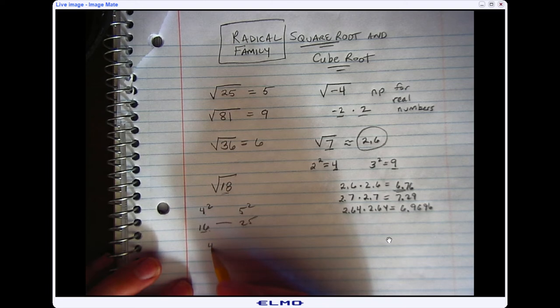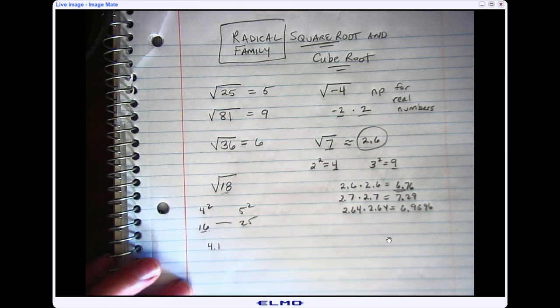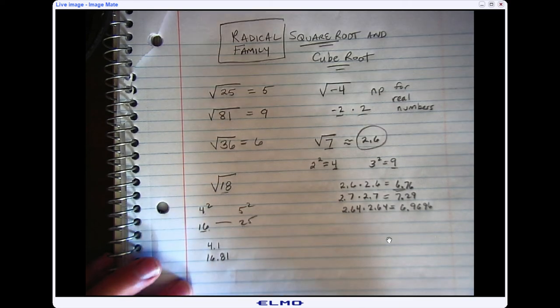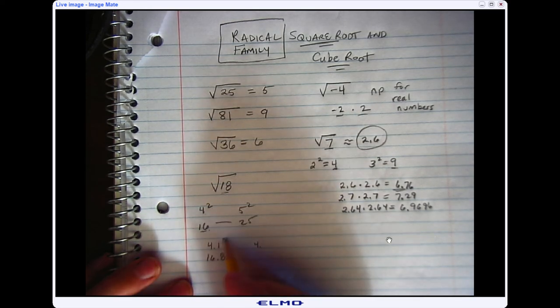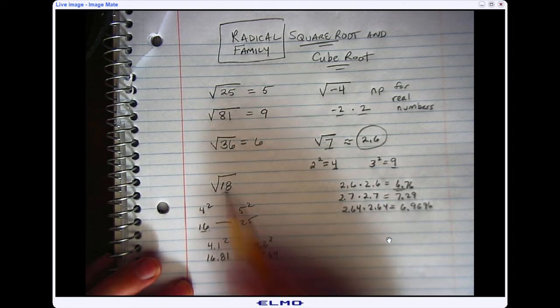I'm going to try 4.1 times 4.1. If I do that on my calculator real quick, I will get 16.81. Now if I do 4.2 times 4.2, I would get 17.64. Again, getting close to 18, but a little bit small.